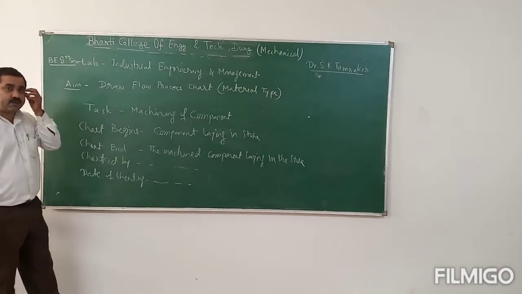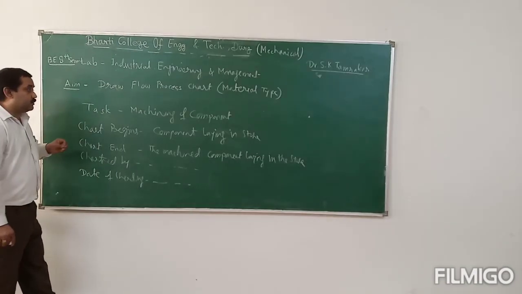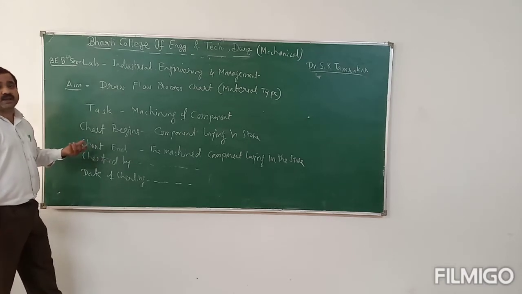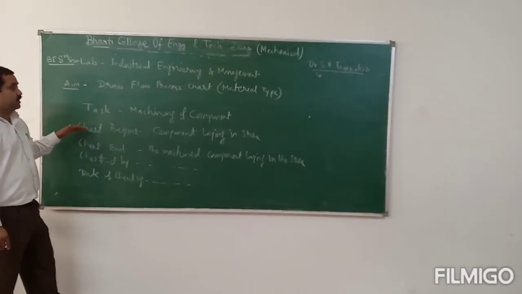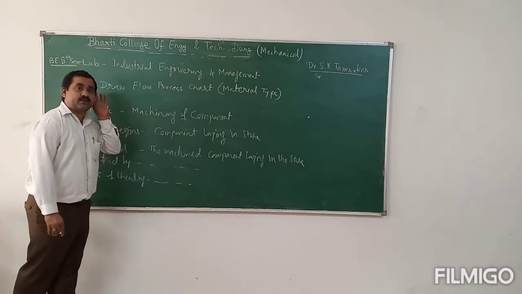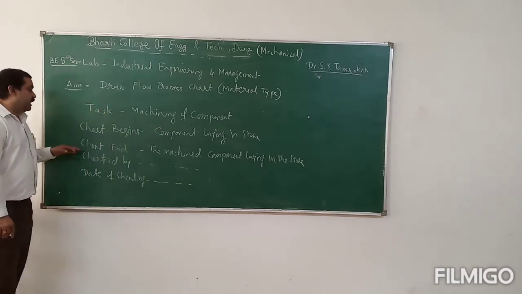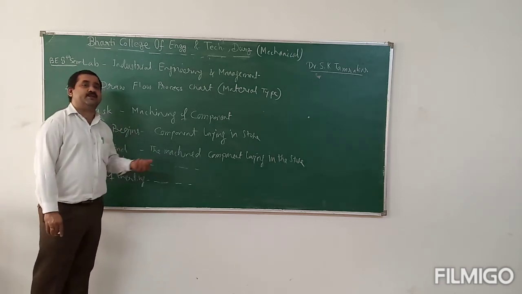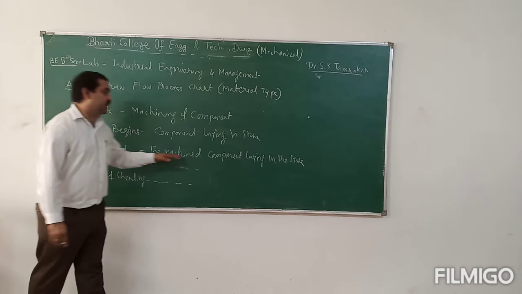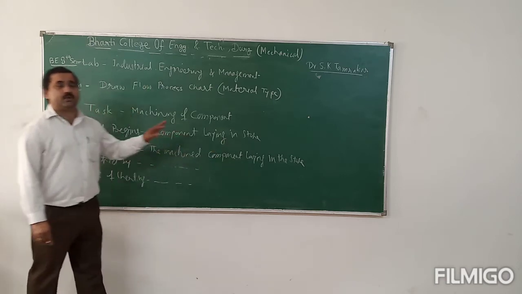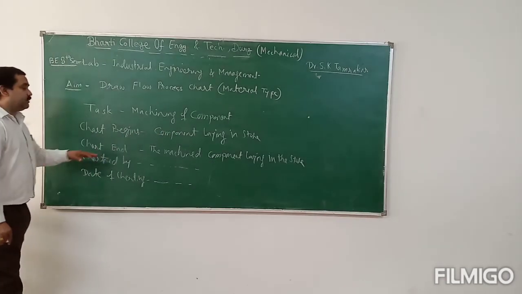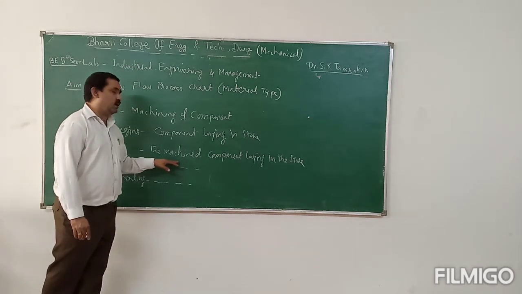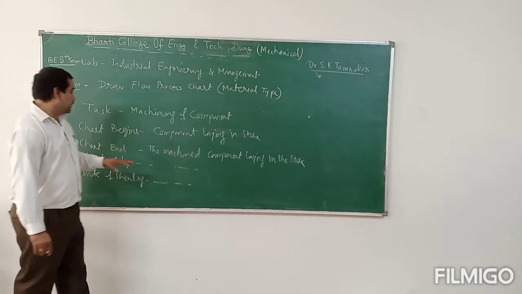The components are imported from different places, or raw material is used. So here this component is lying in the store, and that has been used. And the chart ends after all the machining and inspection, with the machined component lying in the store. Then charted by: here the company uses the operator's name for this.